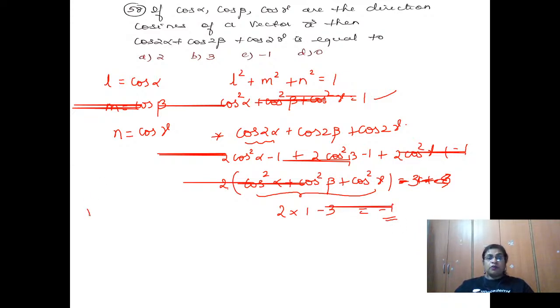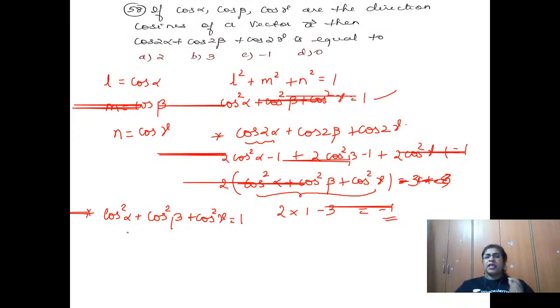For this you have to remember 3 important shortcuts, as a set. If L, M, N are the direction cosines, then cos square alpha plus cos square beta plus cos square gamma is equal to 1 always.